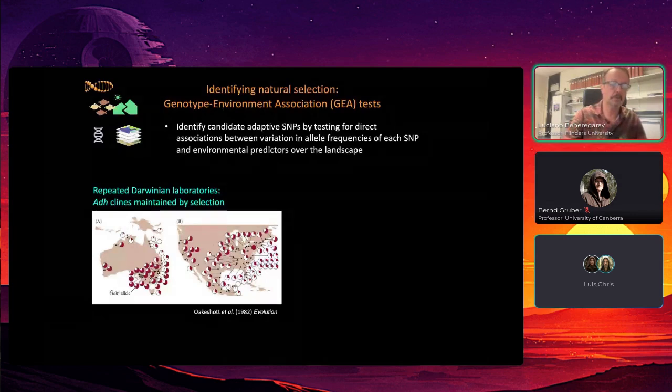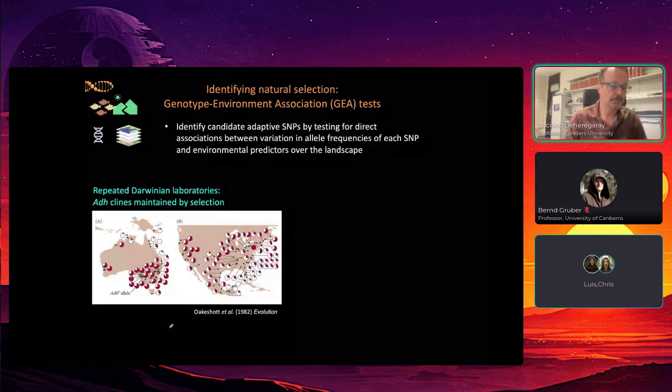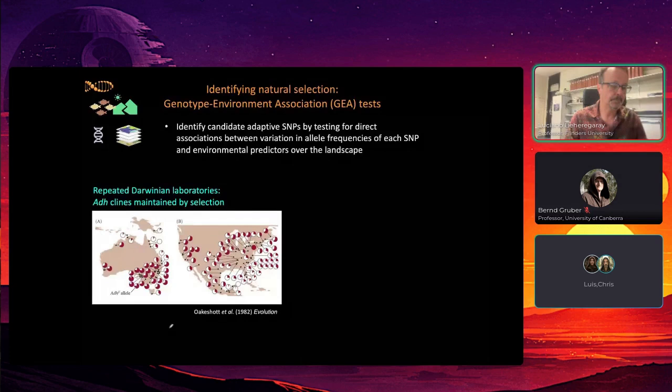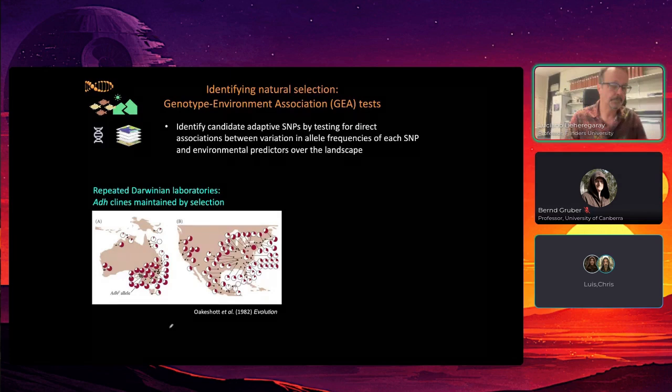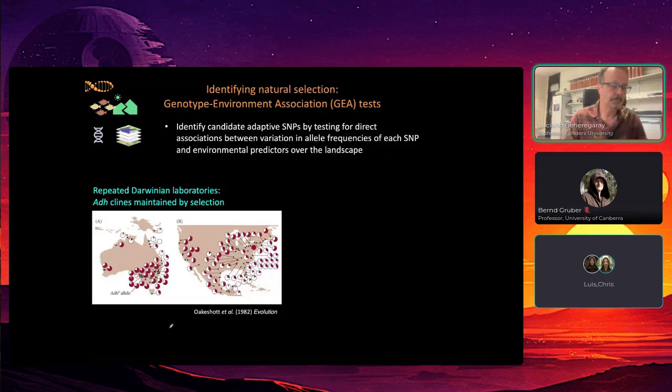Let's look at Australia, the map on the left here. You have two alleles that are maintained by selection, because the variation in one of those alleles is correlated with variation in maximum rainfall across the Australian continent. Why can you infer natural selection with so much confidence in this system? Because that very same species on another continent is showing exactly the same pattern.